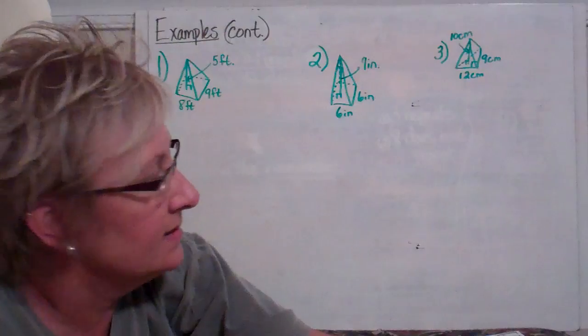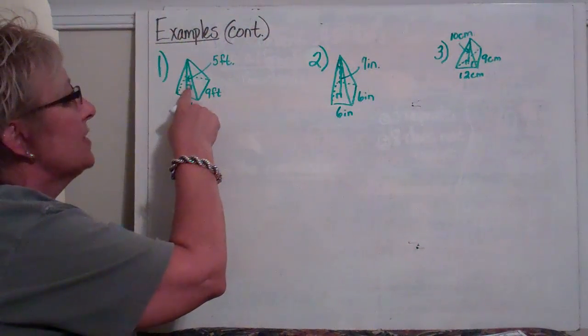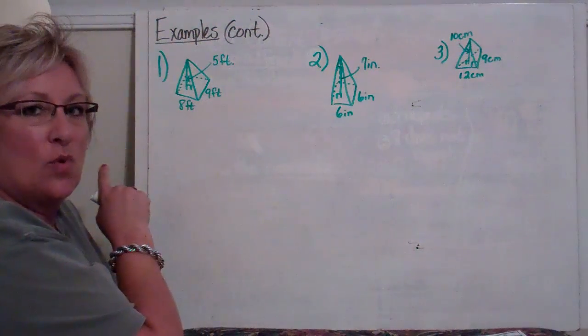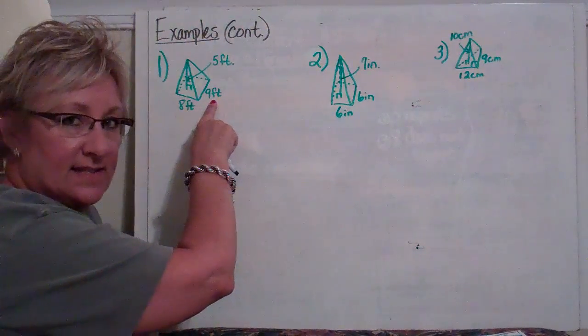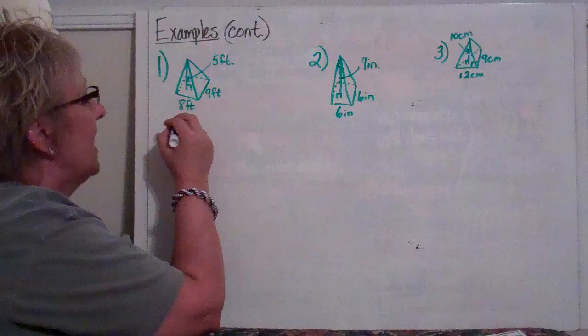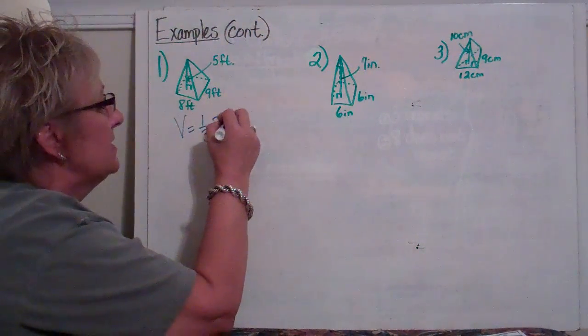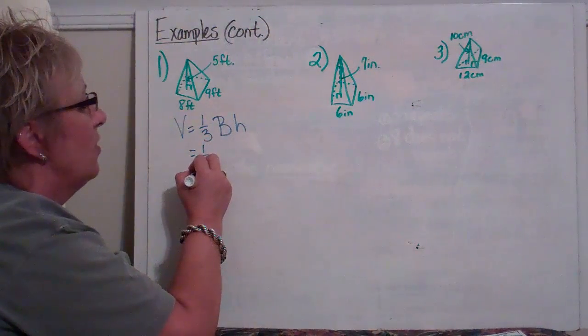All right, let's look at some prisms here. I have the height of this prism is going to be 5 feet. The base here is going to be a rectangle because one side is 8 feet, the other side is 9 feet. It's not a perfect square. So I'm going to say volume equals 1/3 the big B times the height. 1/3 is going to be 1/3.